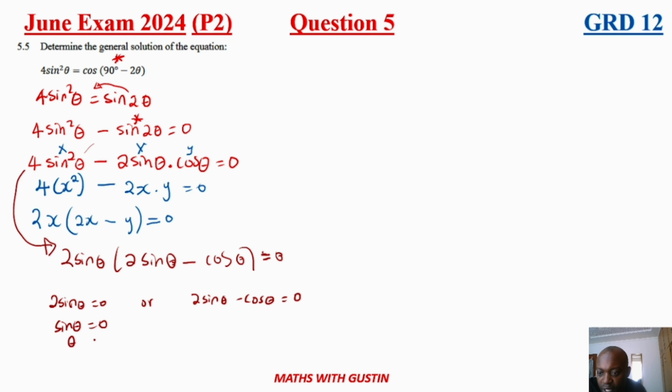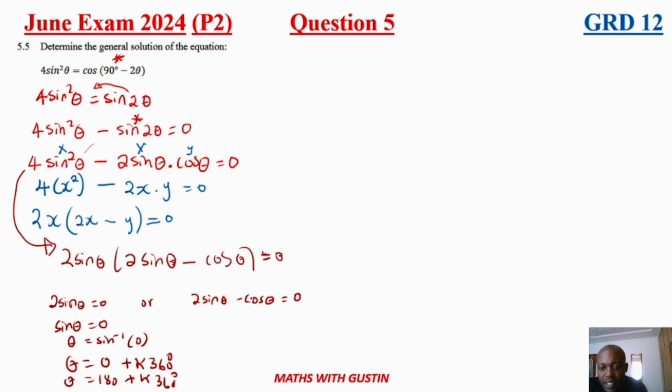Then you're going to say theta equals sine second function of 0. Then you should get an answer there. So you are going to have theta is equal to 0 plus K360, so that you are able to find other angles as well, if you can see that, guys. Or also theta is equal to 180 plus K360, right?